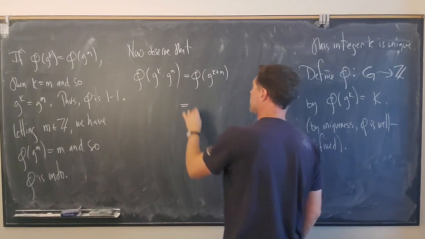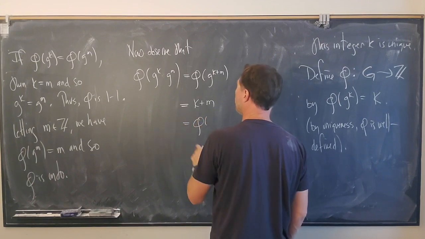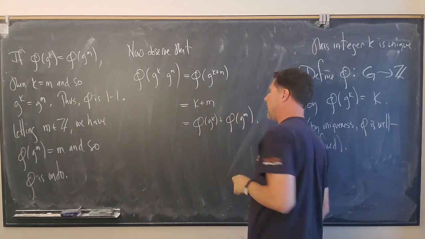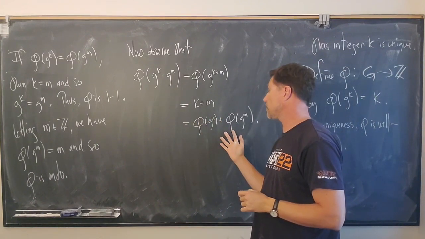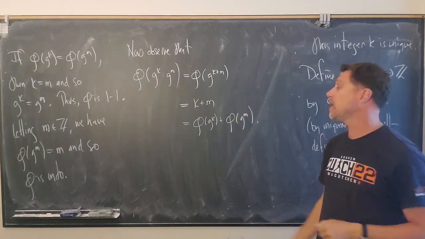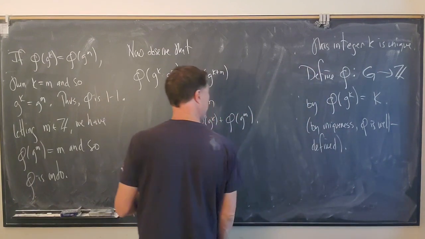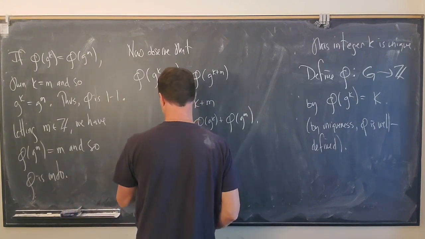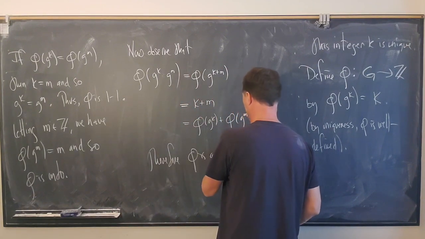Our function gives us k plus m, and that's exactly equal to phi of g to the k plus phi of g to the m. And so phi respects the operation. In G, the operation is juxtaposition; in Z, the operation is addition. Therefore, phi is an isomorphism.